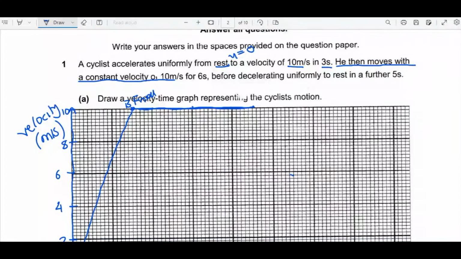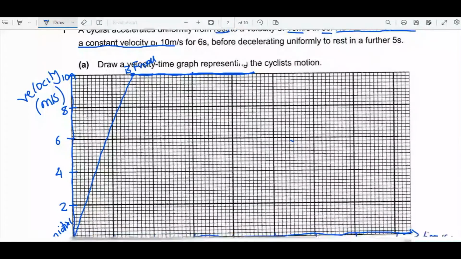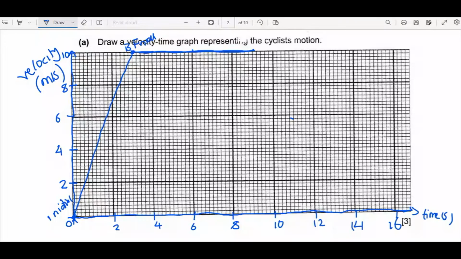Then from there we are told it decelerates uniformly to rest in a further 5 seconds. So we need to look at where we're supposed to put our 5 seconds. Let's say this is point C. From this point up to point D, we need to move 5 seconds. So 1, 2, 3, 4, 5.